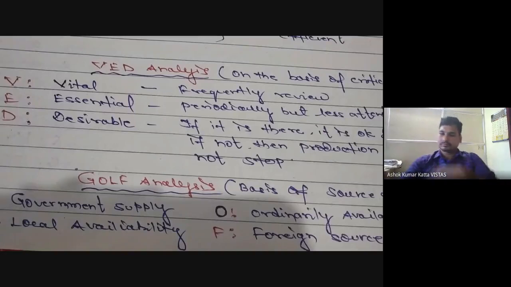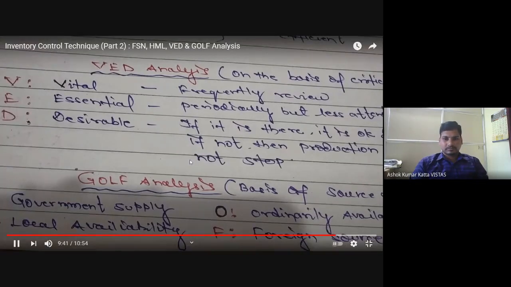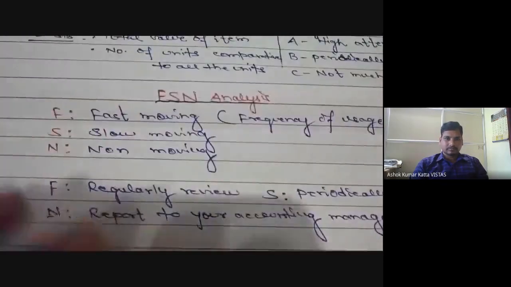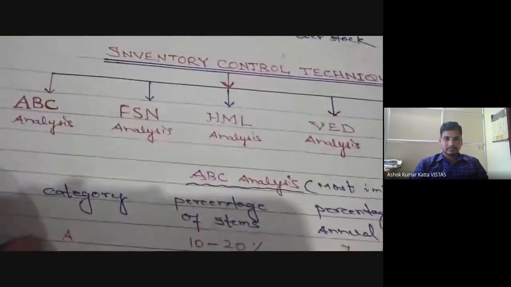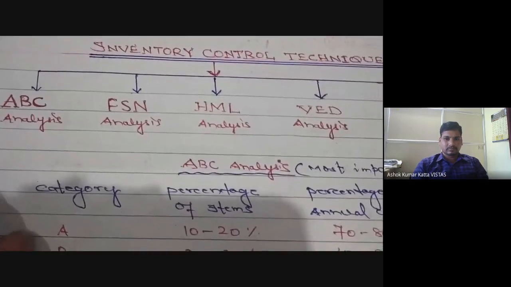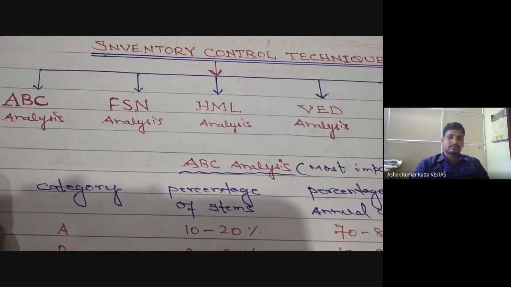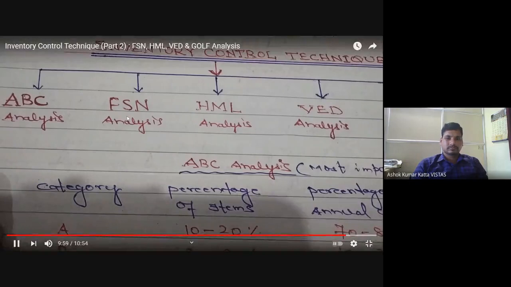So these are the four inventory methods which we discussed in this particular video, and in the previous video I discussed the ABC analysis. Once again we'll review all the analyses, and you have to focus on the basis on which these are used and what type of attention is required for each category of material.